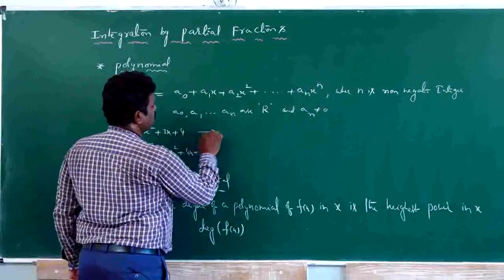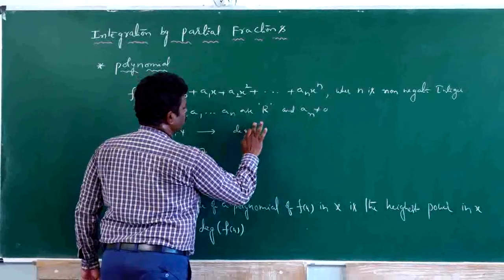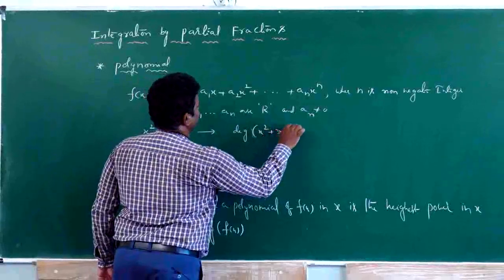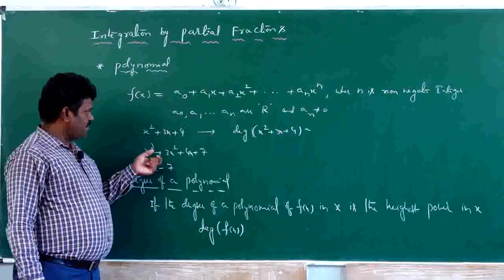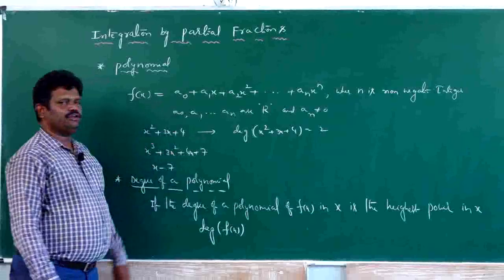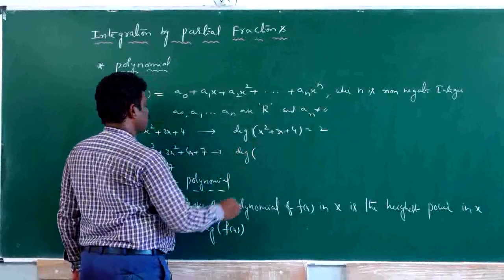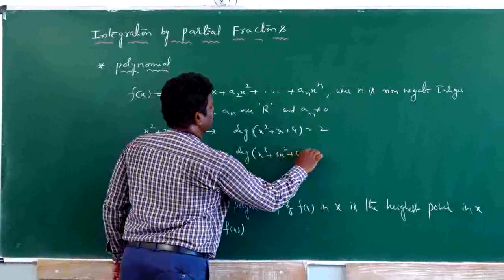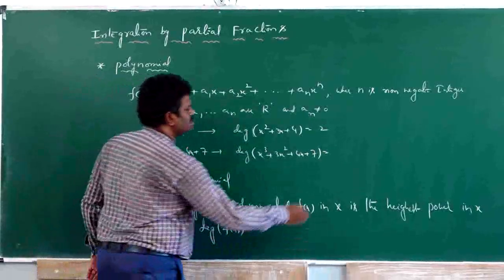Here is one polynomial. What is its degree? In x square plus 3x plus 4, the highest power of x is 2, so 2 is the degree. For x cube plus 3x square plus 4x plus 7, the highest power is 3.